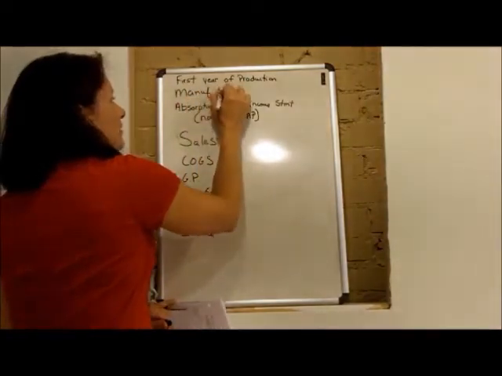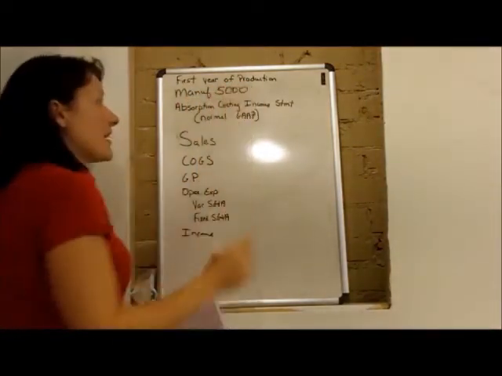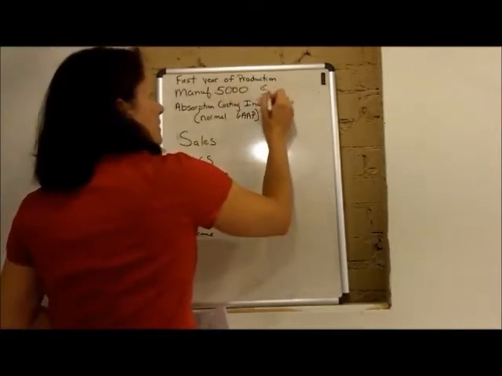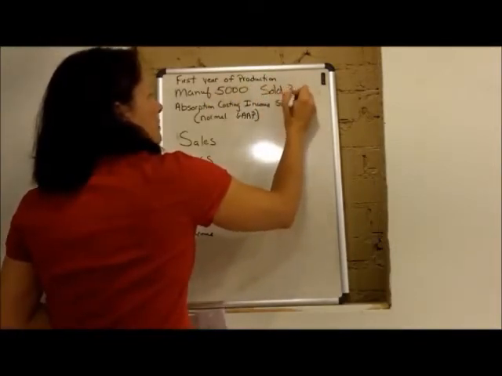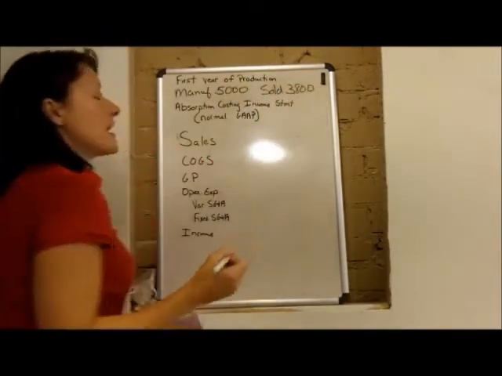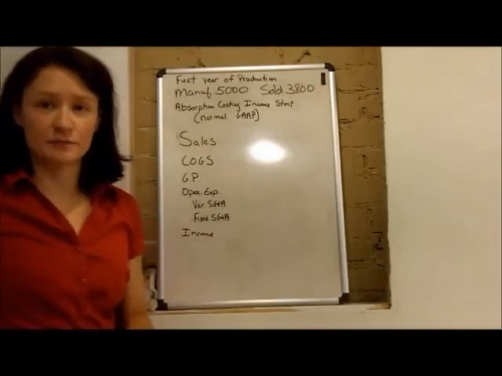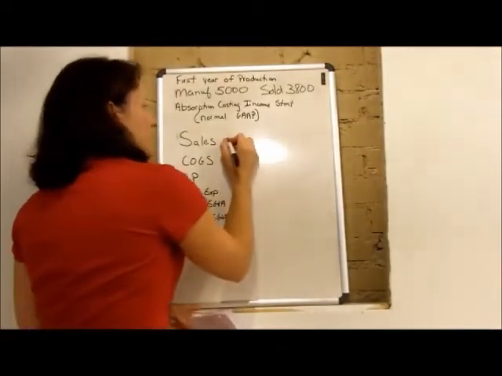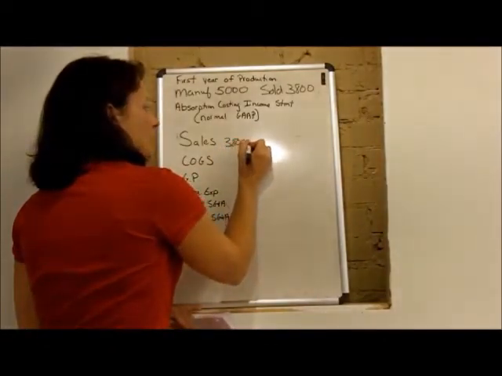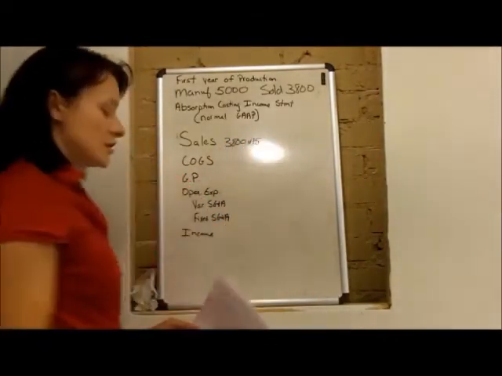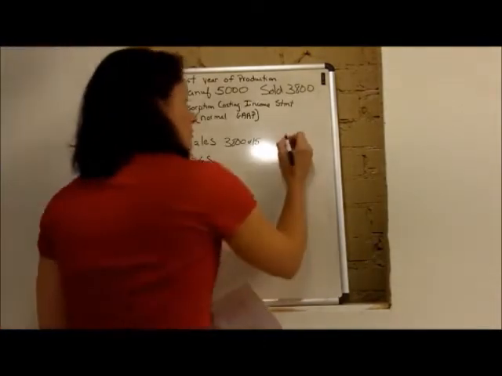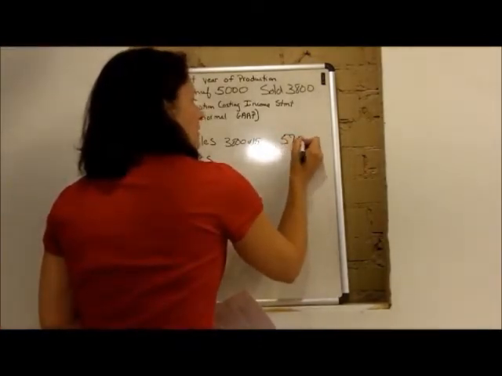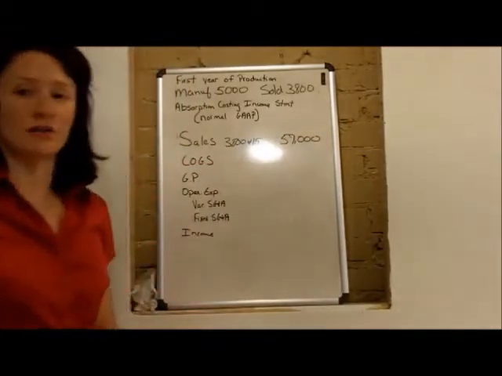What happens if they manufacture 5,000 units but only sell 3,800 units? Well, our sales will be the same. Sales are still 3,800 units at $15 per unit, so $57,000.